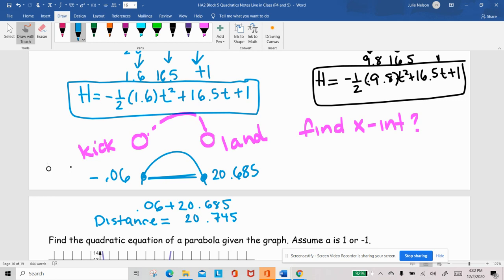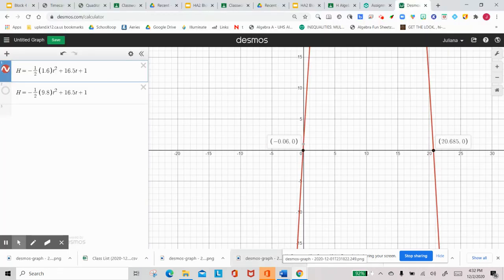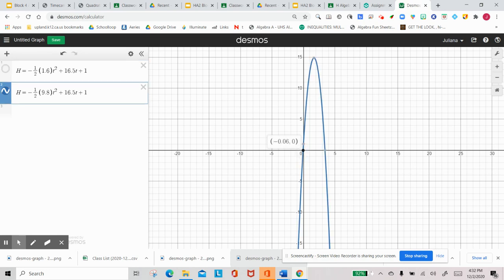Now let's do the one on Earth. I'm going to go back and temporarily get rid of that, and click on that Earth one that we have in blue. Let's find the x-intercepts. From that one, it looks like it's going from negative 0.06 to 3.427.